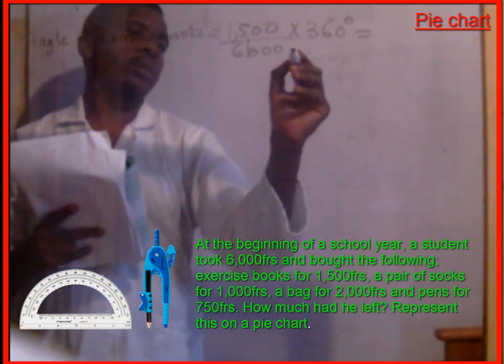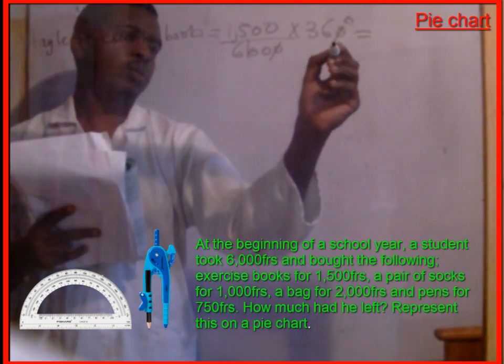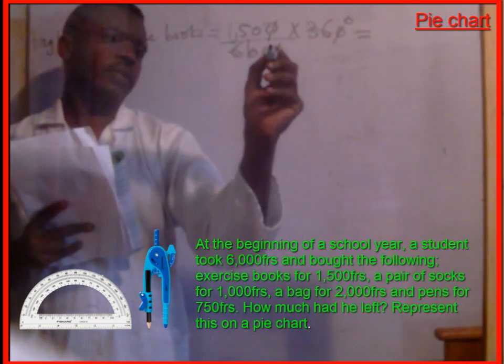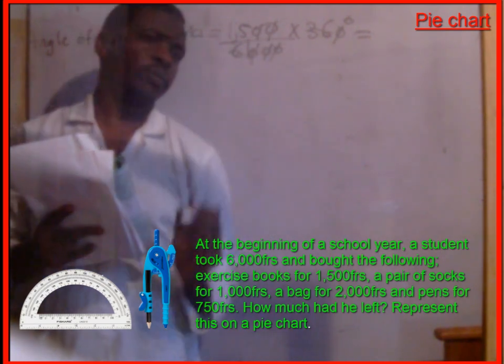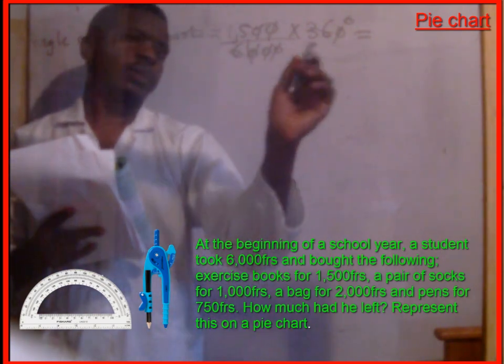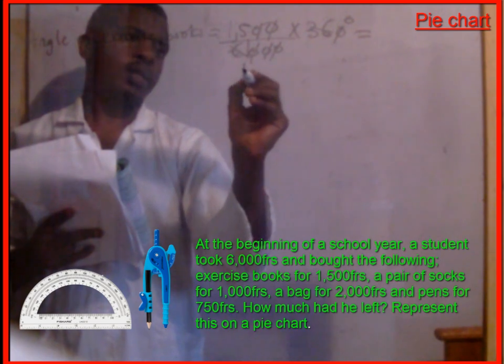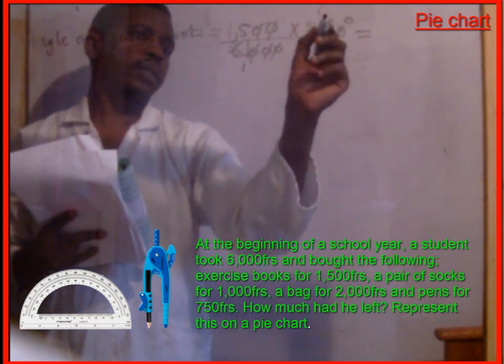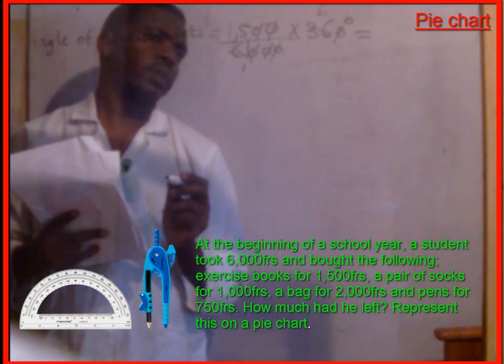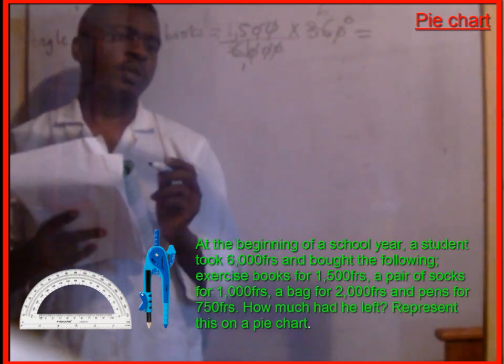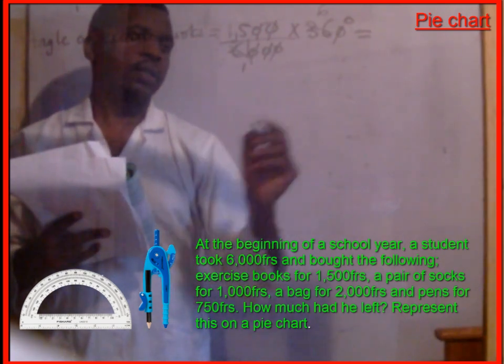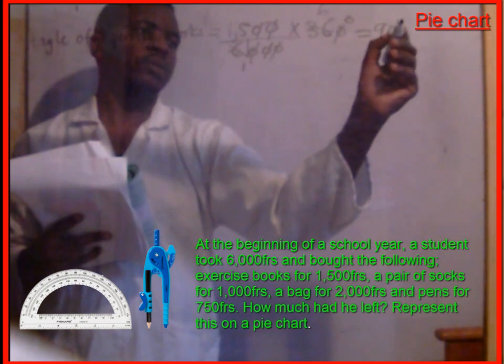The zeros cancel. 6 goes there one time, 6 goes there 6 times. 6 times 15 gives us 90 degrees.